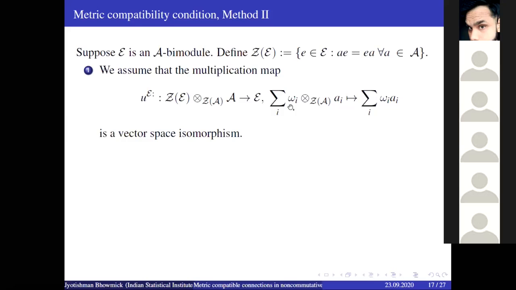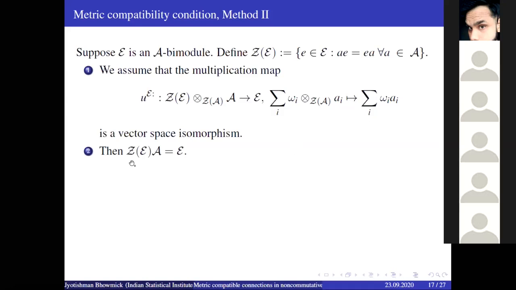It takes values from the center tensor A, over the center of A. This makes sense because the center of E is a bimodule over the center of A. You simply multiply, and then you postulate that this is a vector space isomorphism. Suppose my differential calculus is such that the space of one forms has this property.